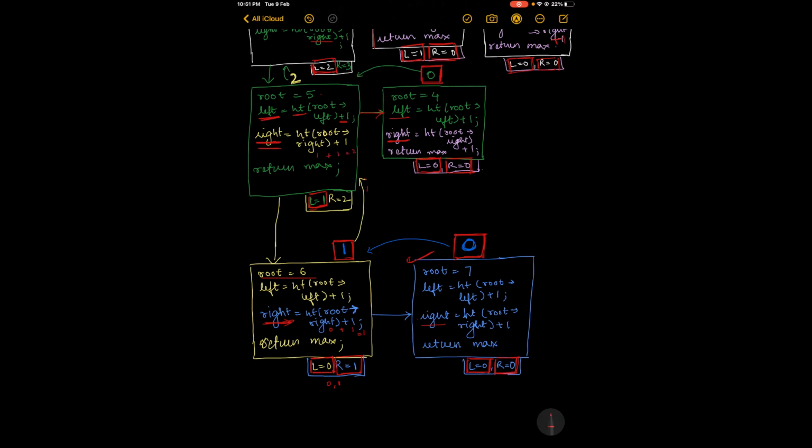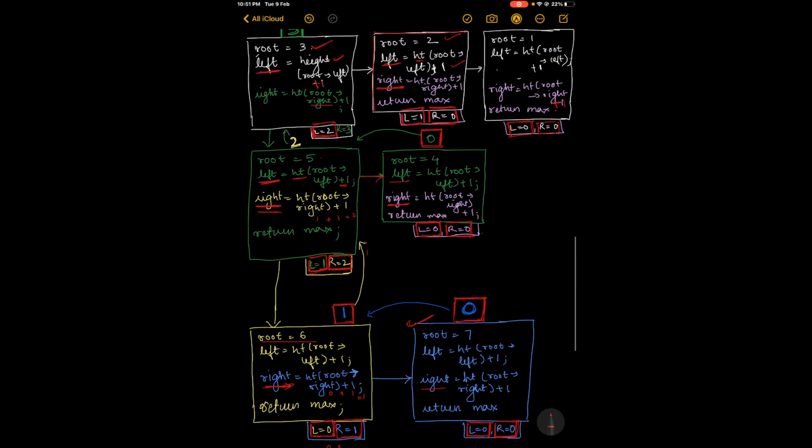So 1 plus 1 equals 2. So again, this is correctly written, that is right equals 2. Once these two are completed, we have to return the maximum of 1, 2. So that is 2. So that's why I've written this on top of the block.